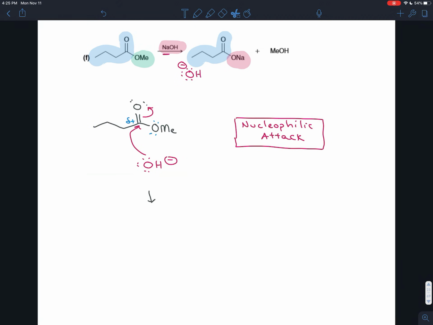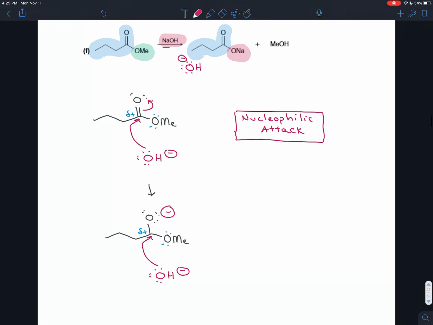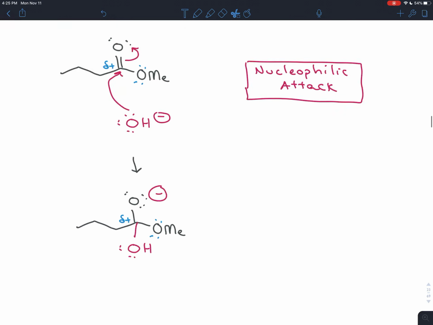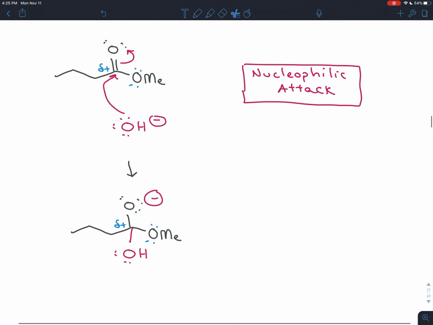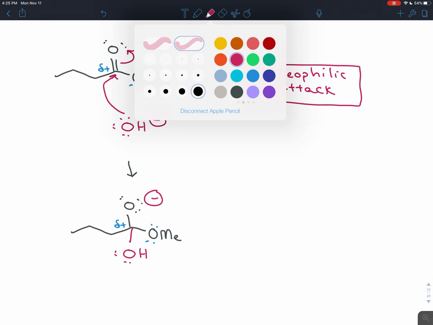So this pi bond breaks, becomes a third lone pair on the oxygen, which now has a full negative charge. And one of the lone pairs on hydroxide forms a bond to what was the carbonyl carbon. Okay, so this is our tetrahedral intermediate.